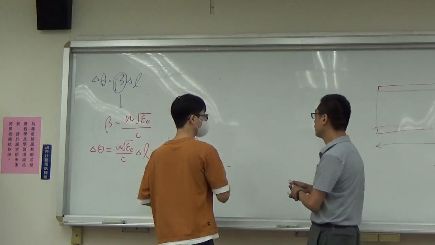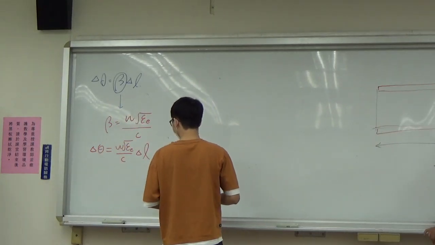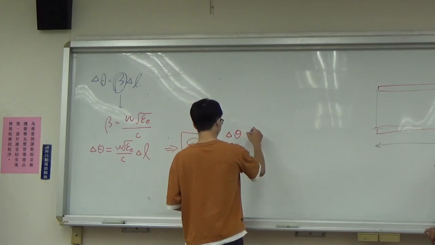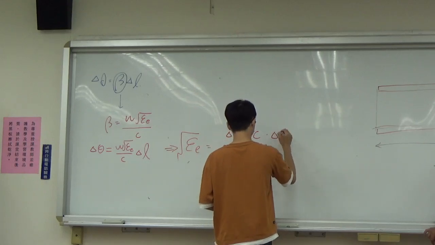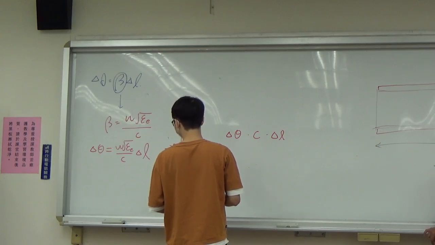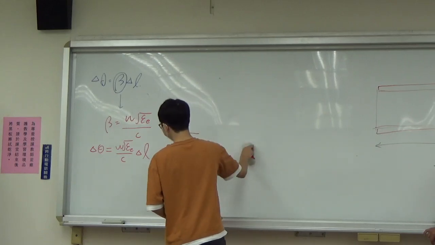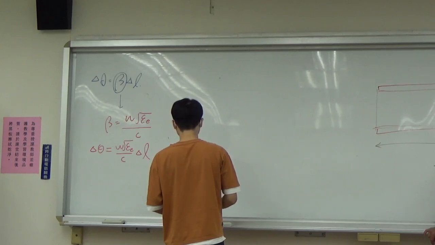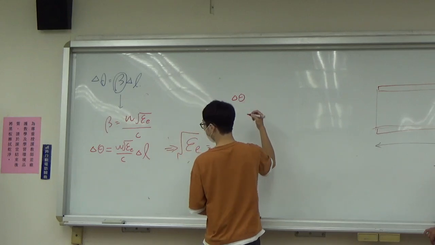Okay, let me do something easier. Do this one first. Okay, you find a square root. Are you sure? Delta is here. Yeah, that's what it is.